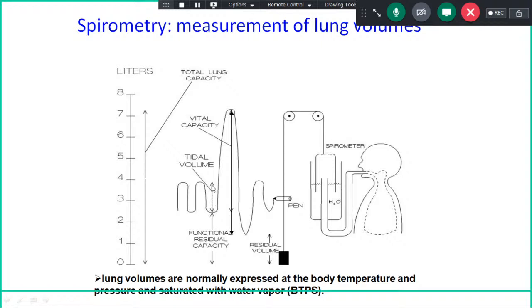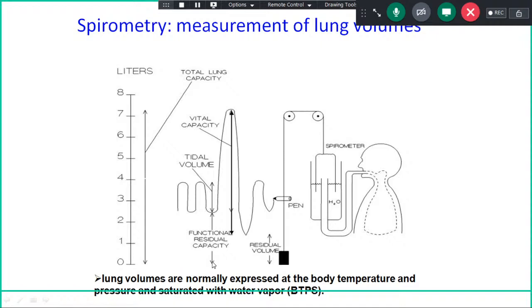Arrows are showing tidal volume, and on the left there is a y-axis showing the volume of air in liters. There is total lung capacity which is shown, which would be approximately in this particular diagram around 7 liters, because vital capacity has been shown up till there, and 0 is the functional residual capacity arrow which is shown below.